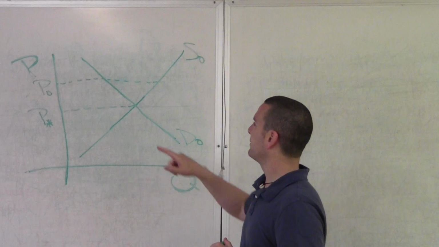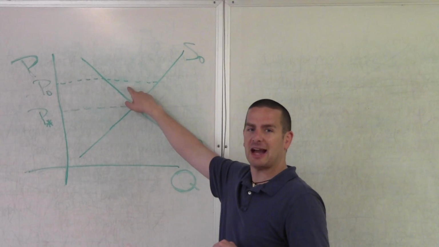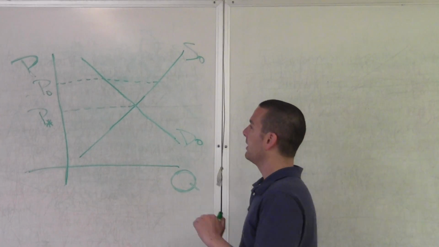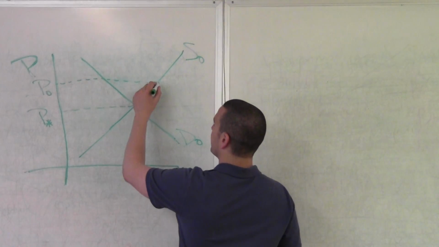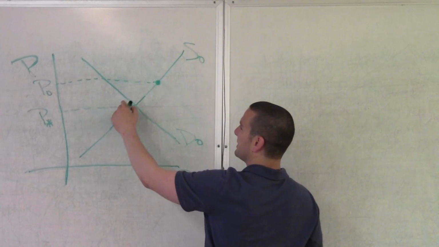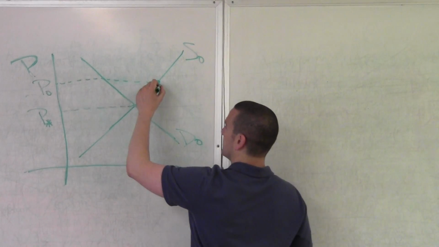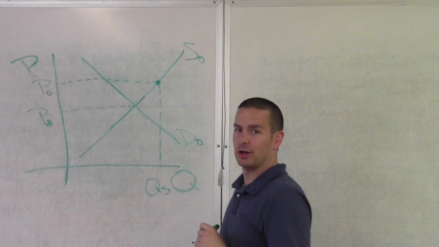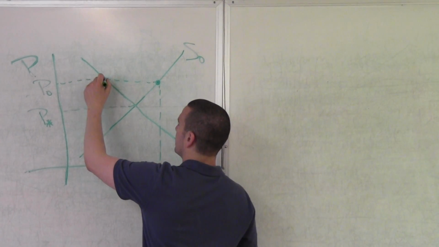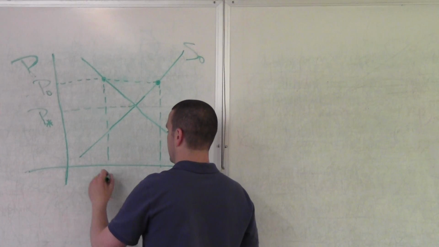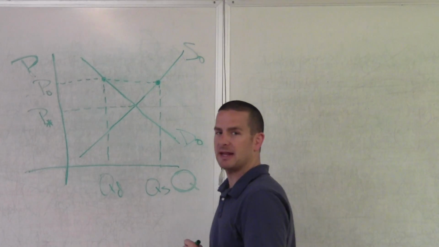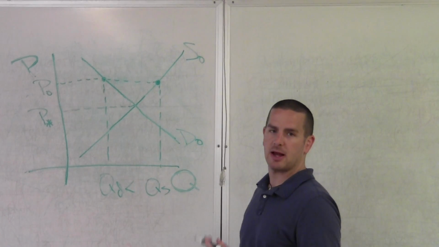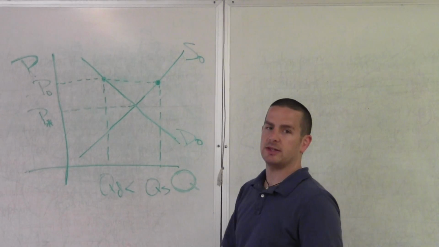Okay? If the actual price is above the market clearing price, then you have a situation in which the quantity supplied is greater than the quantity demanded. Okay? Quantity demanded is less than quantity supplied, or quantity supplied greater than quantity demanded.